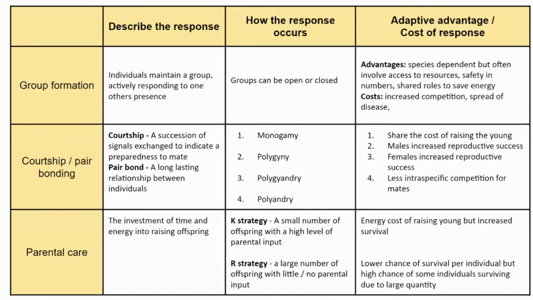Courtship and pair bonding is another cooperative relationship. It's about communicating with a mate that you are interested in breeding and what that relationship will look like. So, for example, a monogamous relationship is when individuals have one single partner.